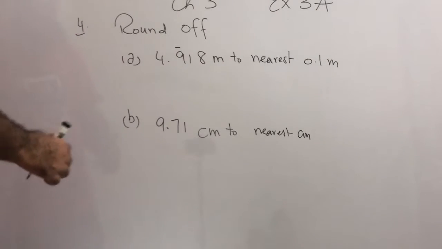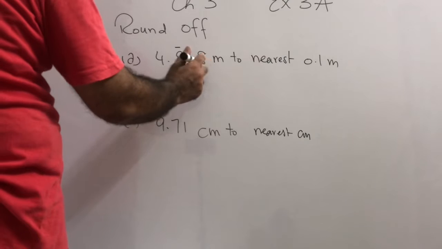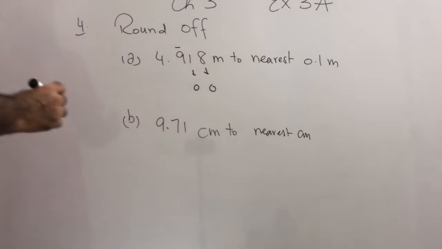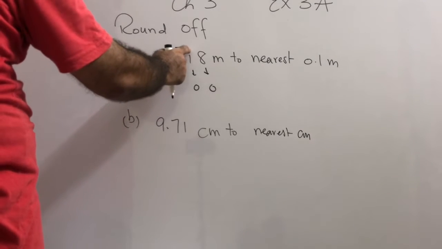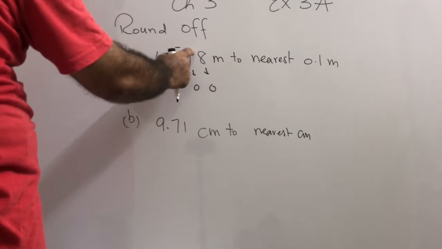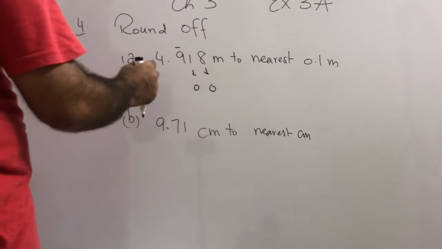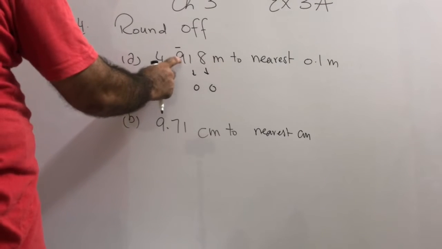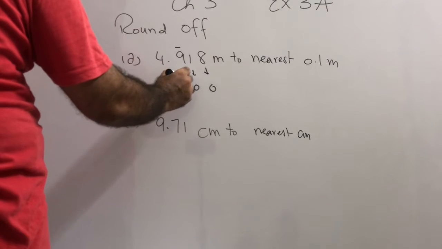Okay, so our rule says that all the digits on the right side of this marked place, they become 0. And the second rule says that we need to look at the immediate neighbor on the right side of this marked position, which is 1. 1 is a digit which is less than 5, so it means this marked place will not be changed. It means as such it comes here like this.